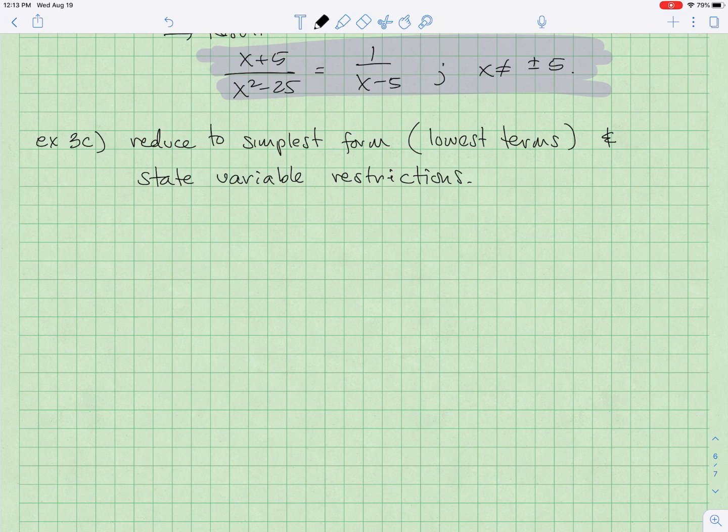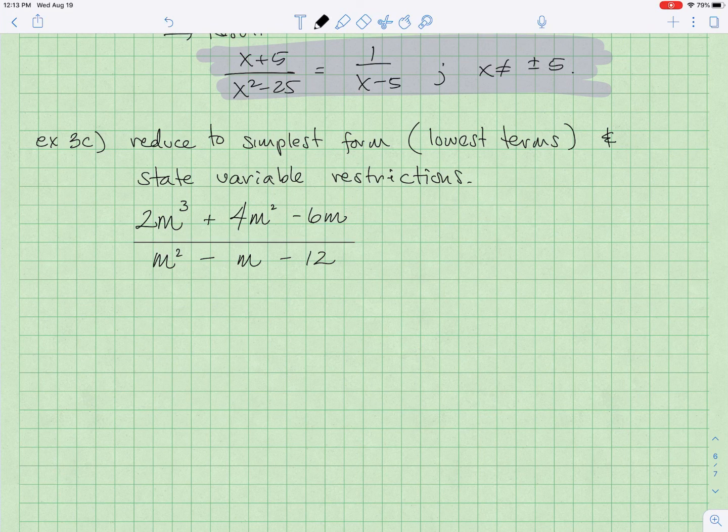And this time they give us the expression 2m cubed plus 4m squared minus 6m divided by m squared minus m minus 12.